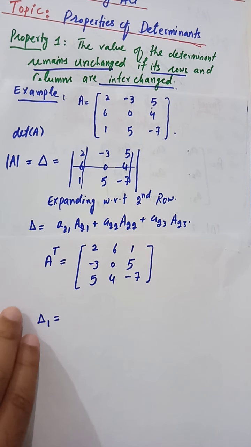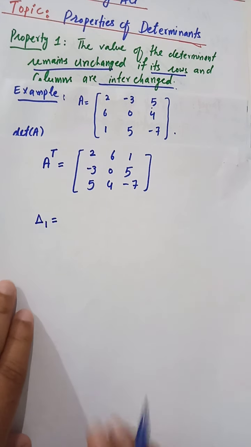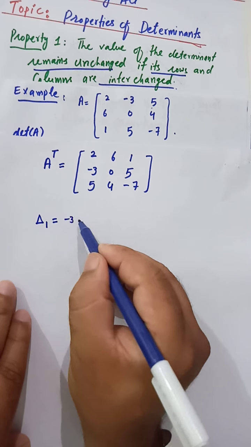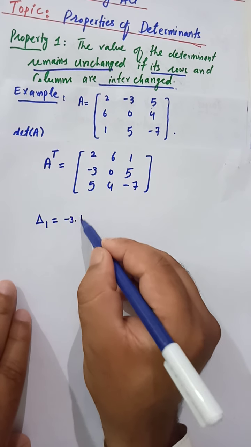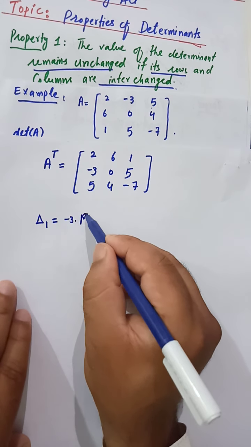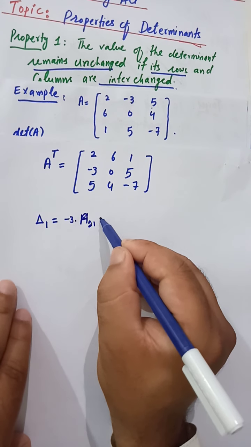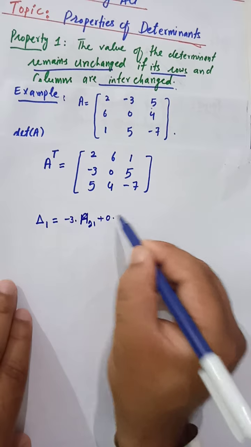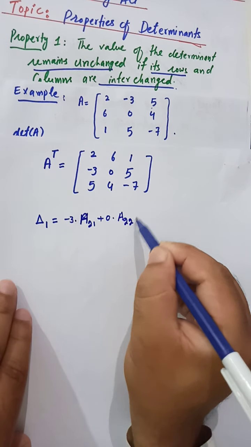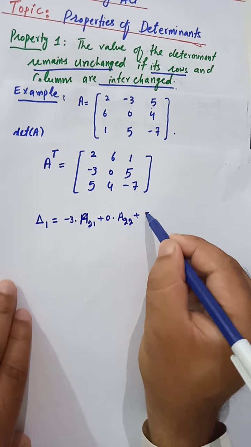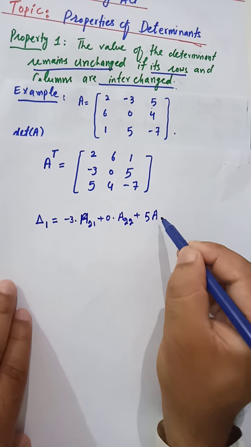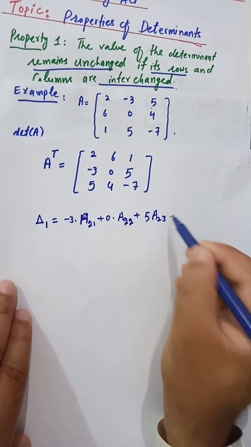The small a21 is minus 3, and here you need to find the cofactor A21, then 0 times A22, and 5 A23.